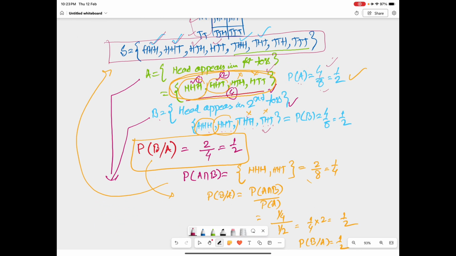Now if I have to write the probability if A has occurred, means if head has appeared in the first toss, then what is the probability of occurrence of head in the second toss?